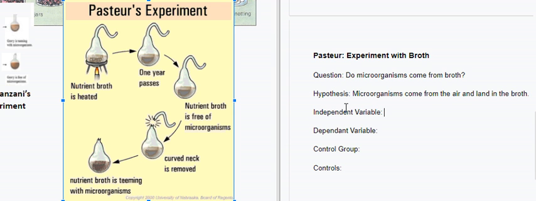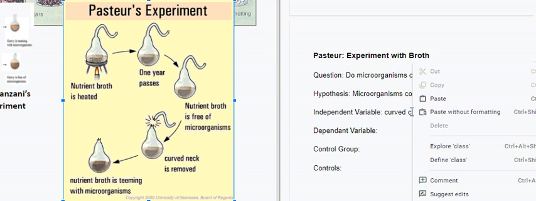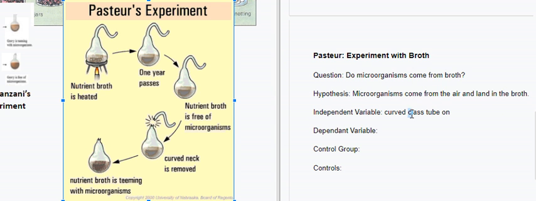So the one variable is the curved glass tube on the flask. The dependent variable is growth of microorganisms again.